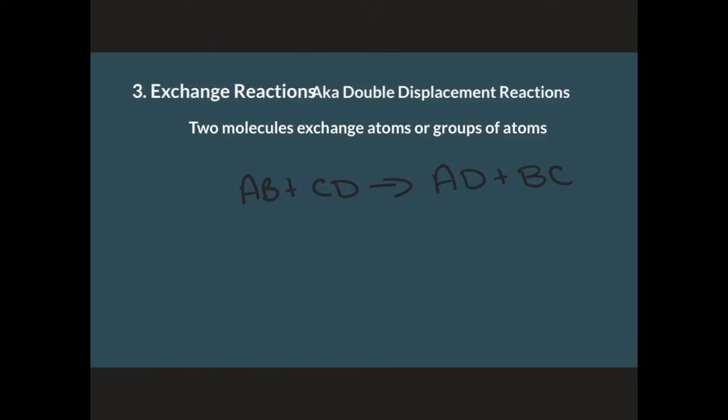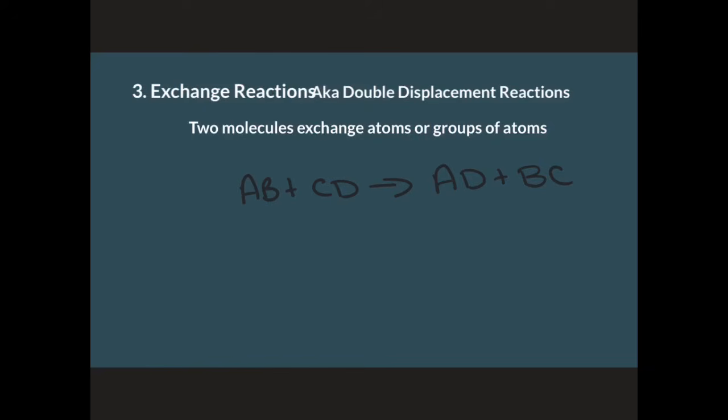That's a decomposition reaction. And then new bonds are being formed. That's going to be the synthesis portion. Now this happens because their partners each have a higher affinity for the other one, and so they actually swap partners here, resulting in an exchange reaction or a double displacement reaction.